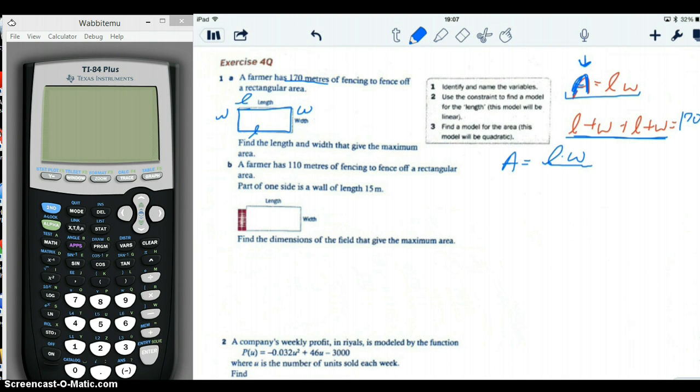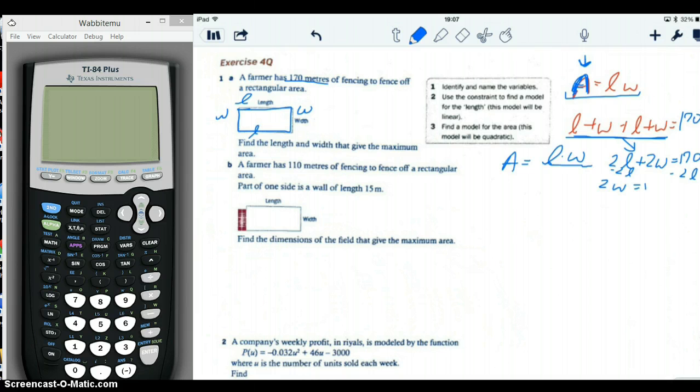Well, we take this equation here, and we're going to change it so that we solve for L or solve for W, which means we put W or L on the left side, and then we leave everything else on the right side. So let's say we want to solve for W. We'll say 2W equals, and we're going to subtract 2L from both sides.